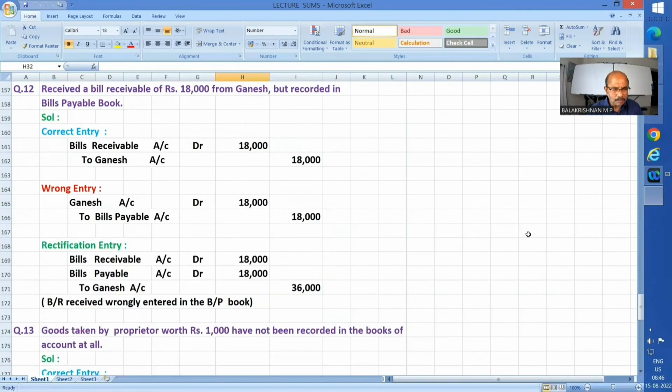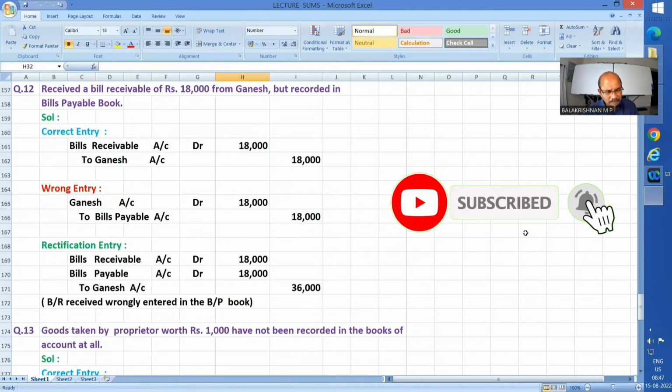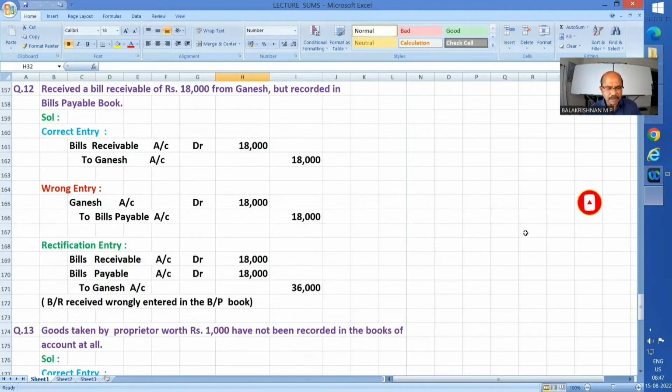Now, question number 12. Received a bill receivable of rupees 18,000 from Ganesh, but recorded in the bills payable book. Well, I have not taken up the chapter bills of exchange, but just keep it in mind: when we receive a bill from somebody, the entry will be, it's a real account, bills receivable account debtor to the giver, to Ganesh. Bills receivable account debtor to Ganesh, 18,000. That's the correct entry.